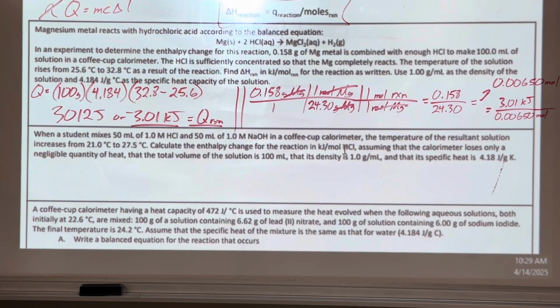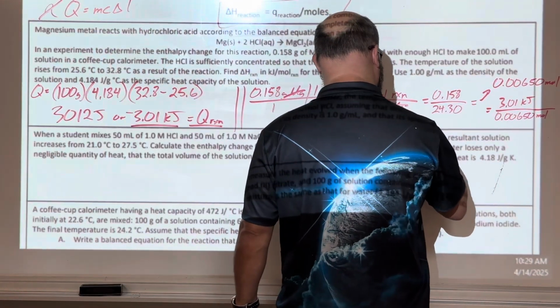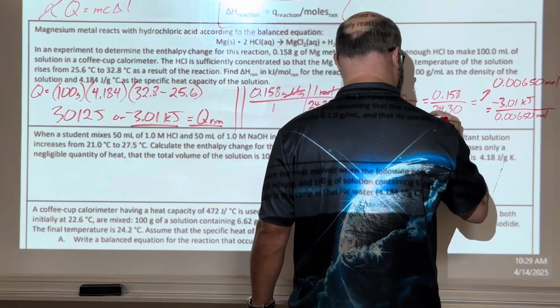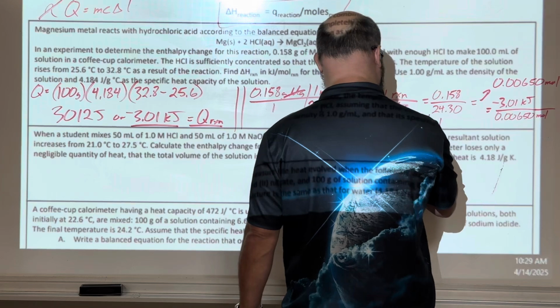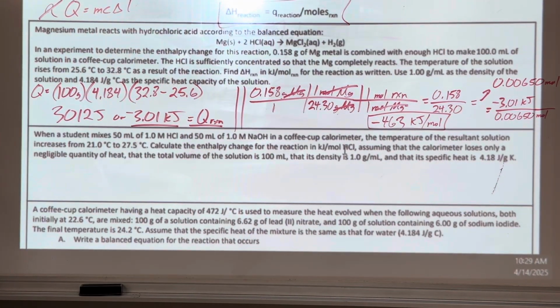So 3.01 divided by 0.00650, and that gives us right at about negative 463. Oh, that should have been a negative, kilojoules per mole for that reaction. Pretty simple. Use your specific heat formula and then do some stoich to find your answer.